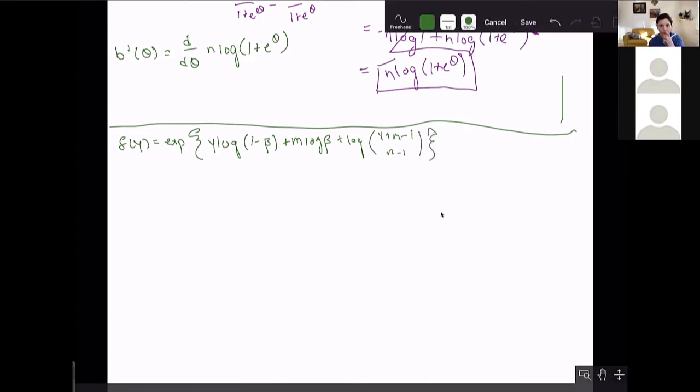Okay. So then the t of y is y. And then I have the theta of log, in parentheses, 1 minus beta. And my basic understanding is that beta is e to the theta.